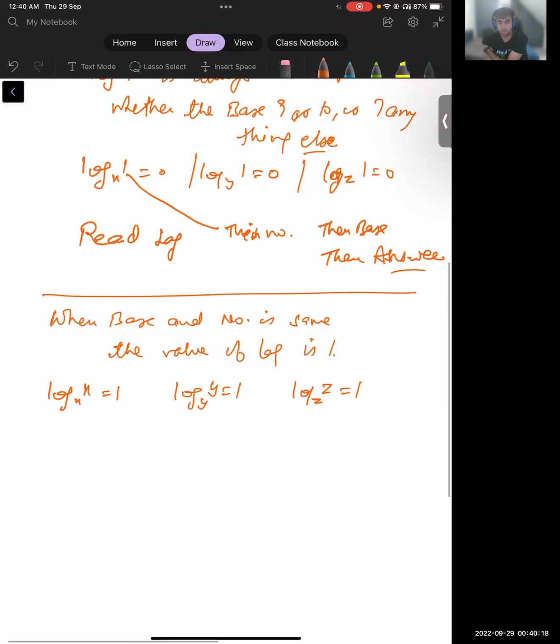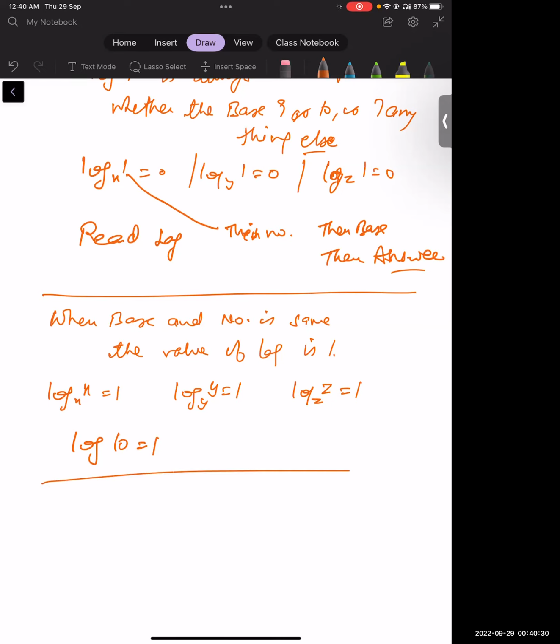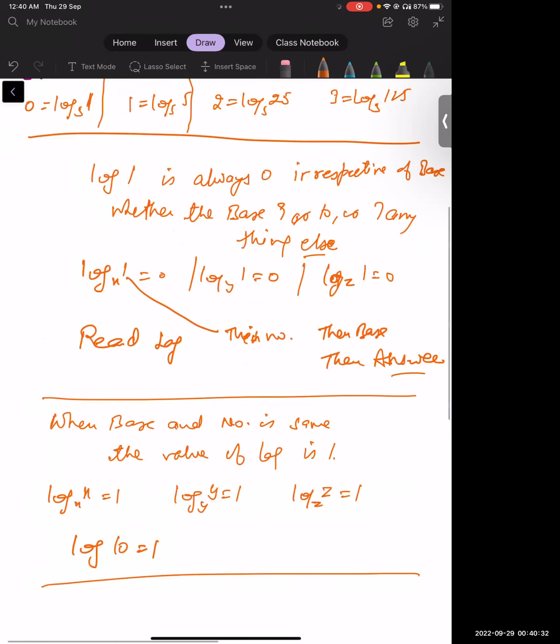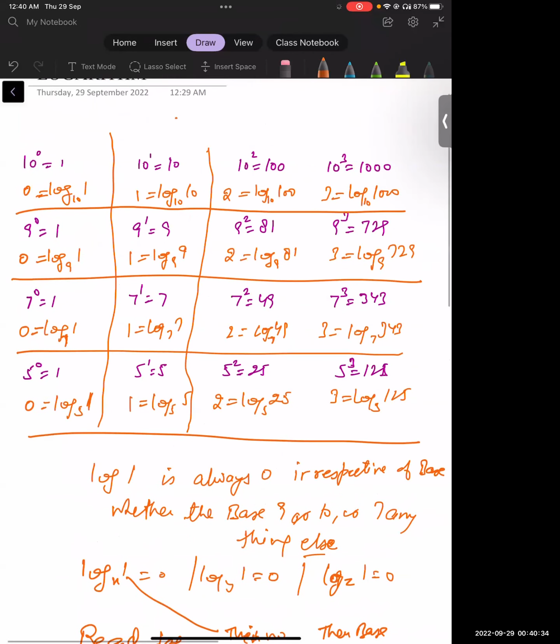That is why whenever you are studying and you find log 10, it is always equal to 1. Now, the base can be 10, 9, 5, 7 or any other number.